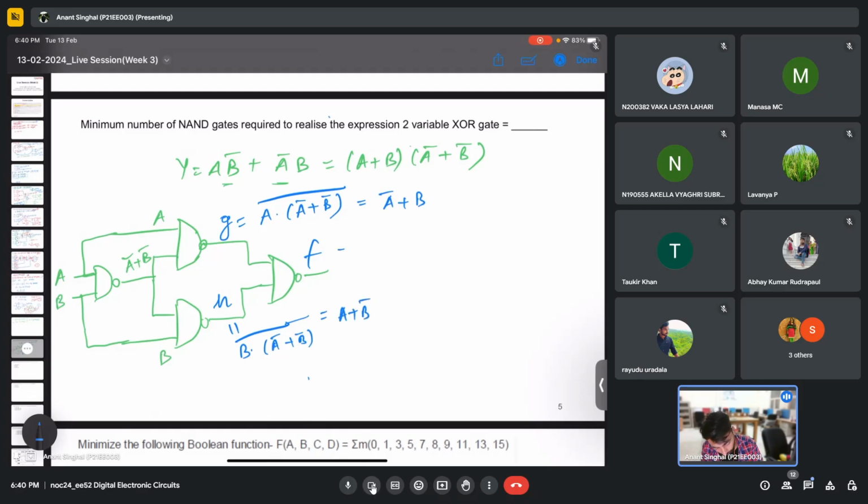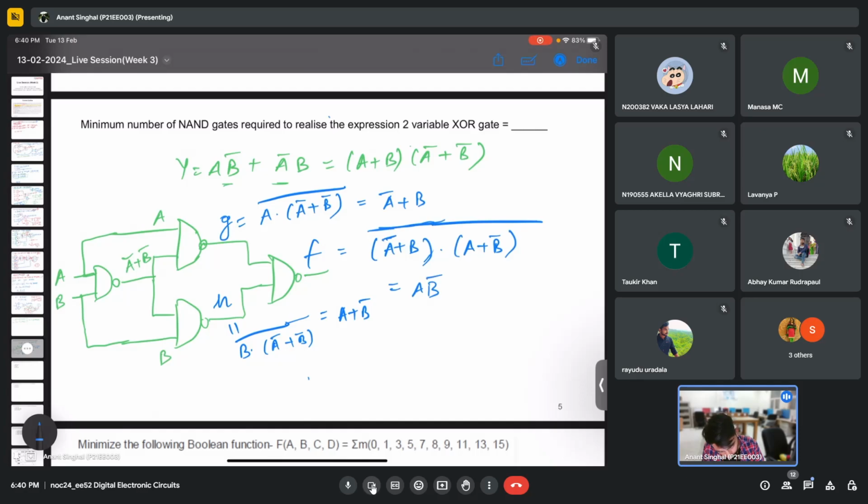And now I have an F which will give you A complement plus B times A plus B complement, whole complement. Sorry, I've written something wrong, I guess. Yeah, this is the whole complement.